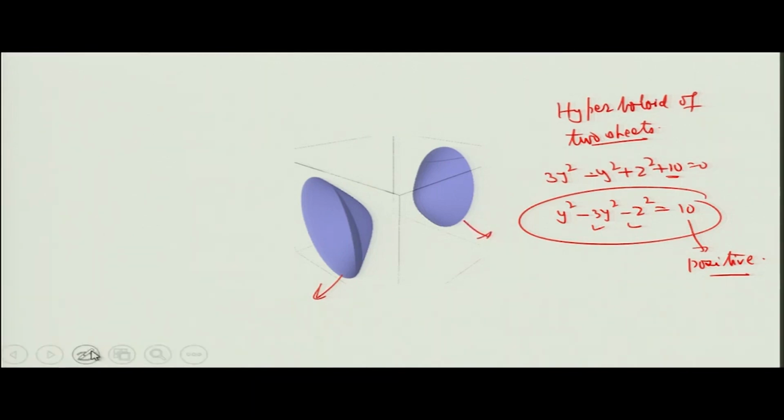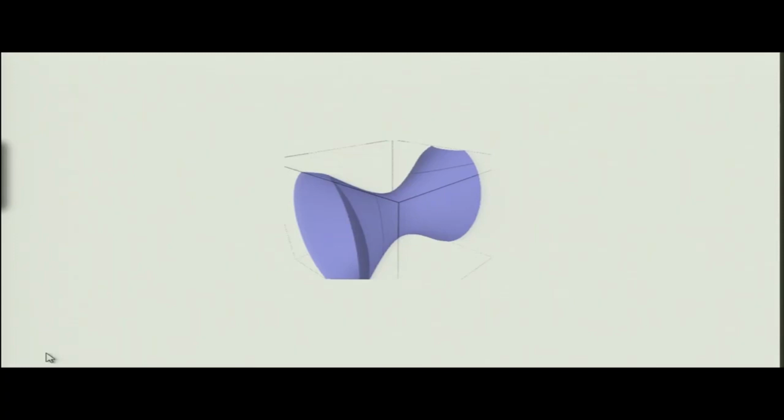And the last one is the hyperboloid of 1 sheet. So, let me add that equation. Here the equation is 3x square minus y square plus z square is 10, the same thing that I wrote.